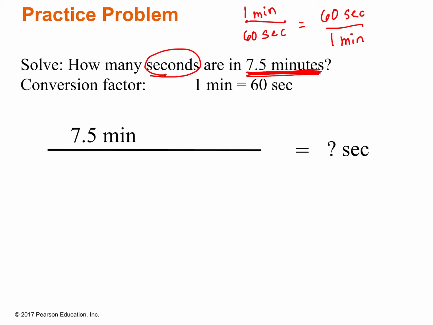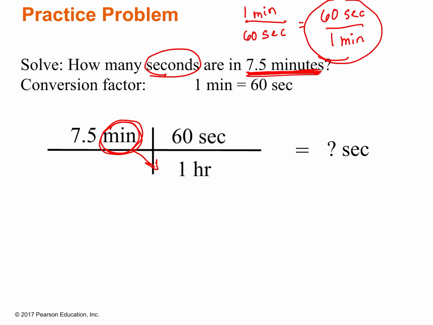So we're looking for seconds, and we're starting with 7.5 minutes. Again, like I said last time, our units always have to cancel down and to the right. So if I have minutes up here, then I'm going to have minutes down on the bottom in my next train track. That means when we're looking at these 2 conversion factors, we're going to use the one on the right, 60 seconds per 1 minute, so that our minutes will cancel out.